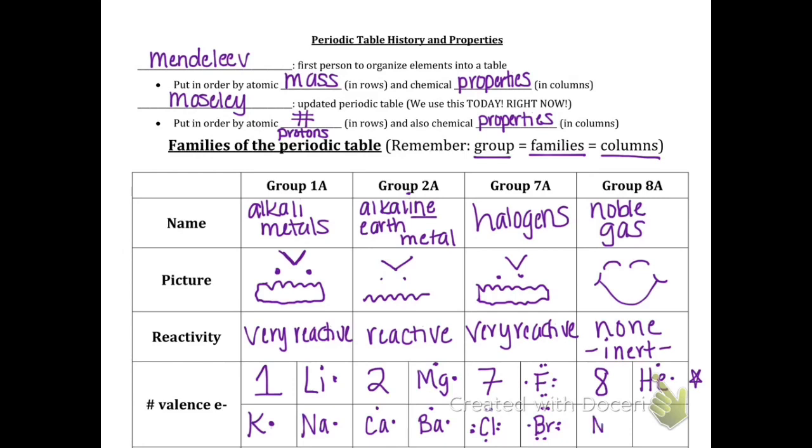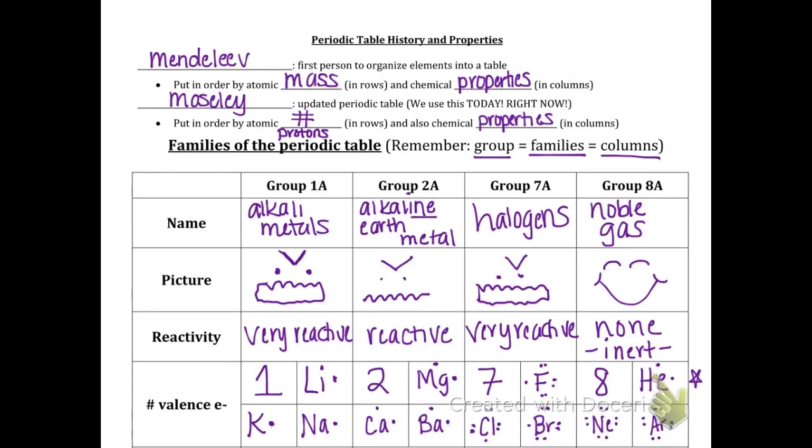But all the other noble gases will have 8. 2, 3, 4, 5, 6, 7, 8. And also argon. 1, 2, 3, 4, 5, 6, 7, 8. All right, so those are your 4 families. Alkali, alkaline earth, halogens, and noble gas.